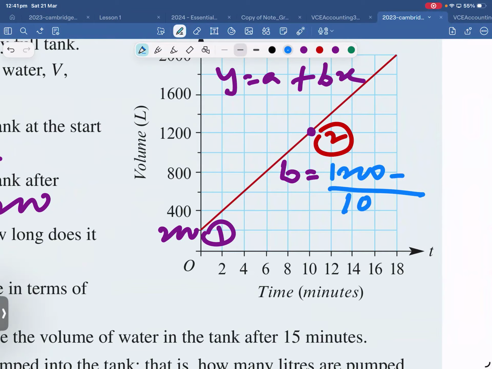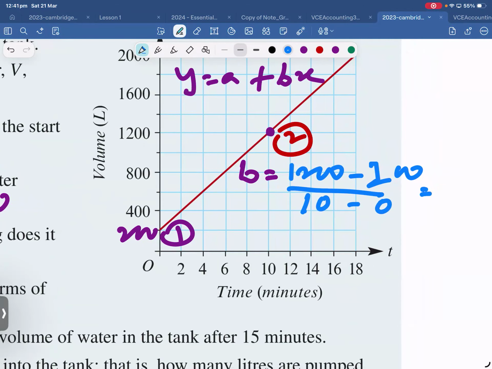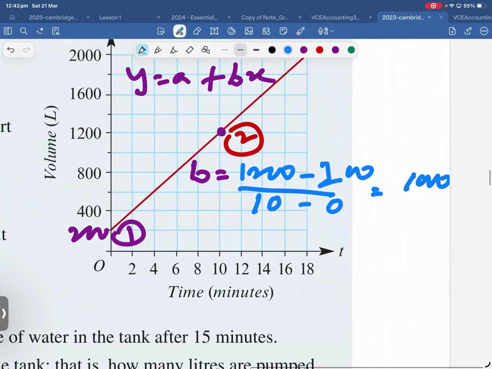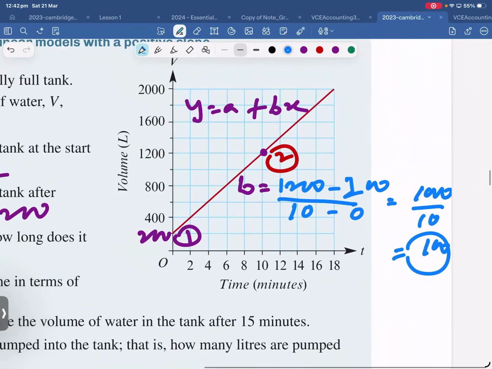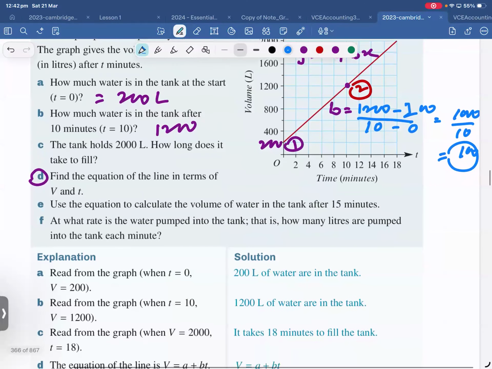And Y1 will be 200, and X1 will be 0. So technically, it is 1000 divided by 10, which is 100.